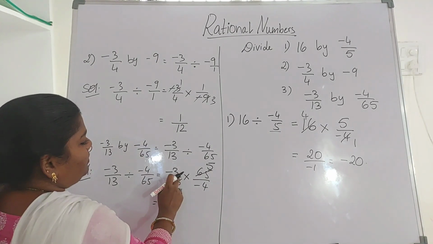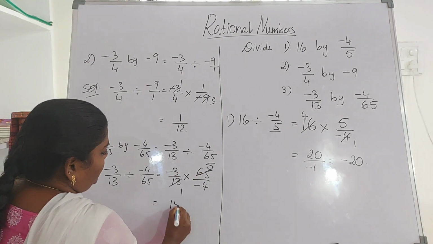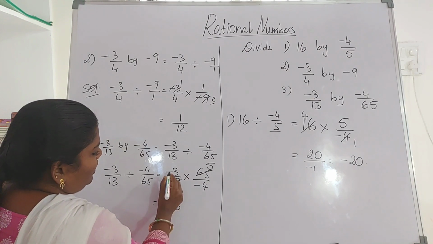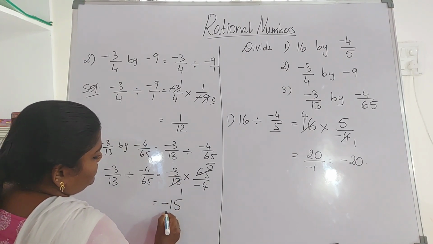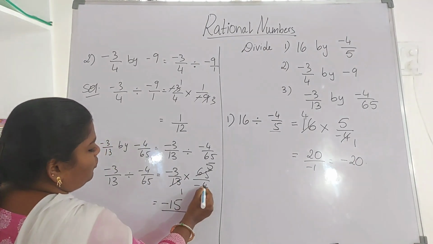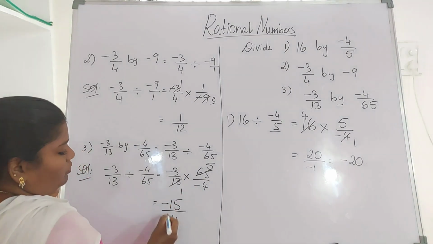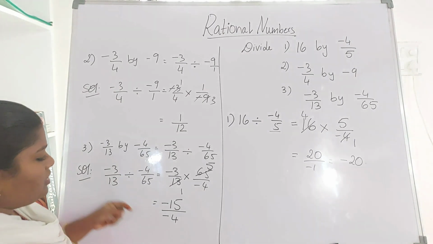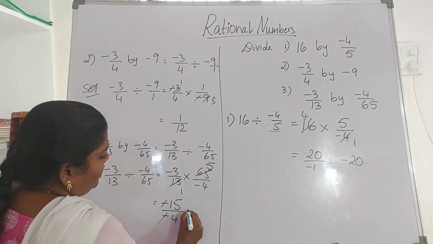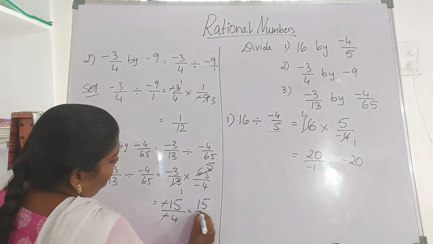So now multiply these, 3 fives is 15 and you have a minus sign, so write minus sign by, and here 4 ones is 4 and you have a minus sign. Now both have minus signs, so we can just cancel them and write it as 15 by 4.